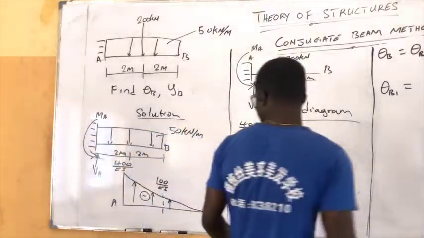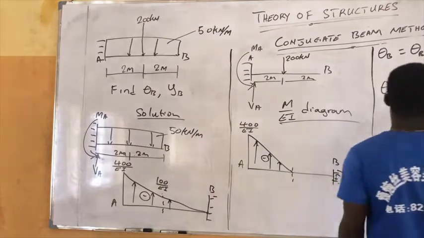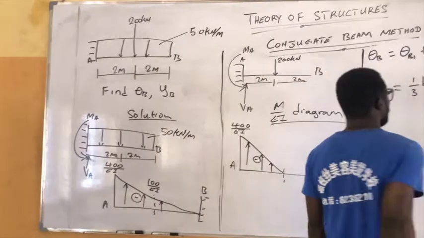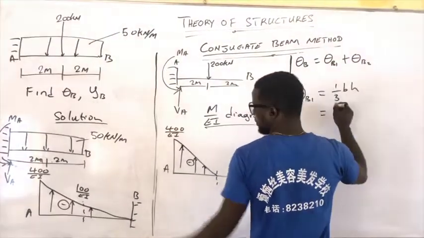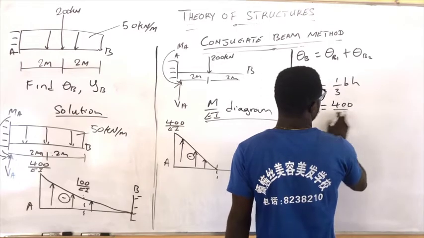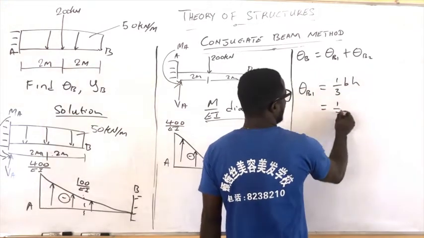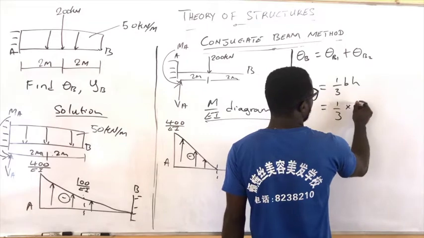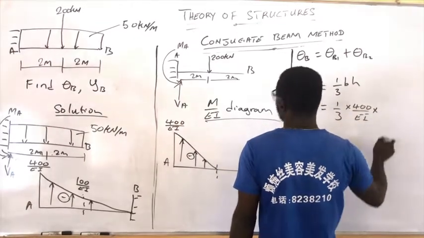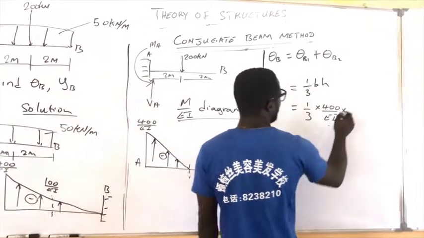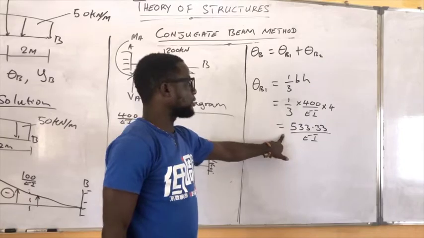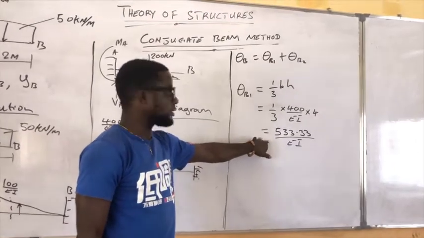So the area of this is given by 1/3 of BH, which is this. The distance is 4. When you simplify this, you have that rotation B1 is equal to this.